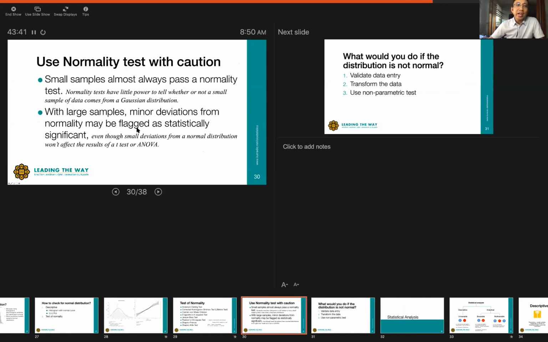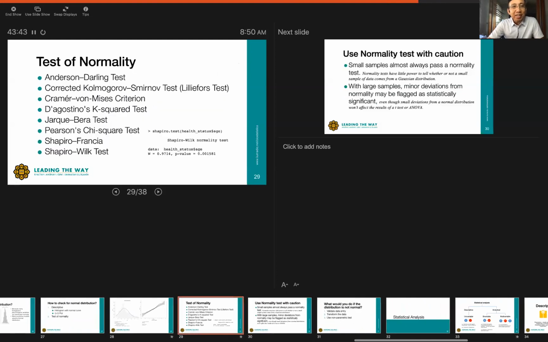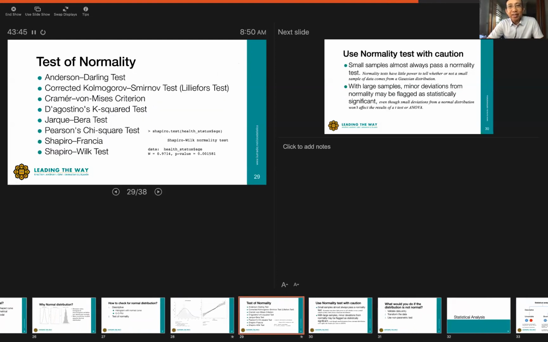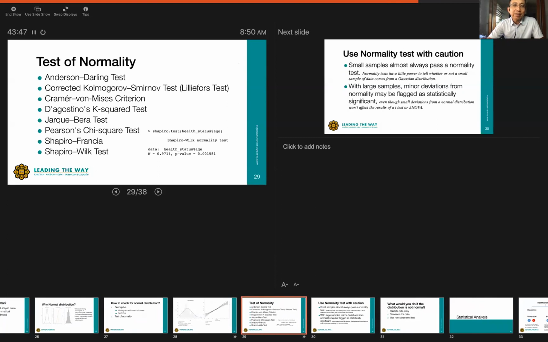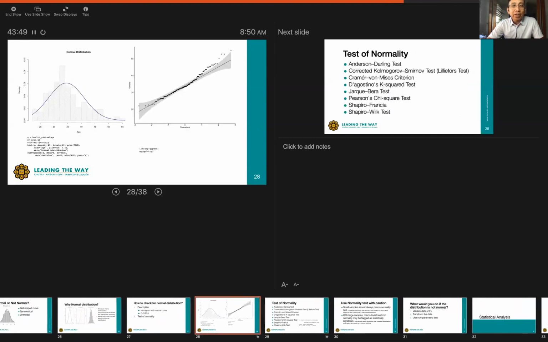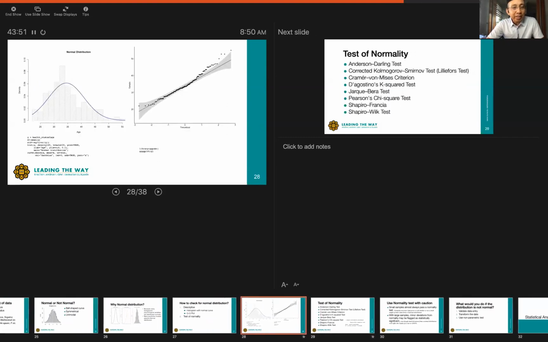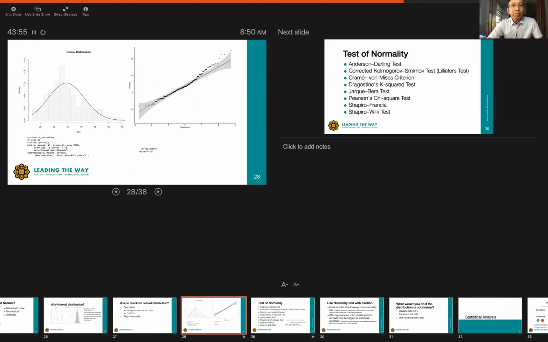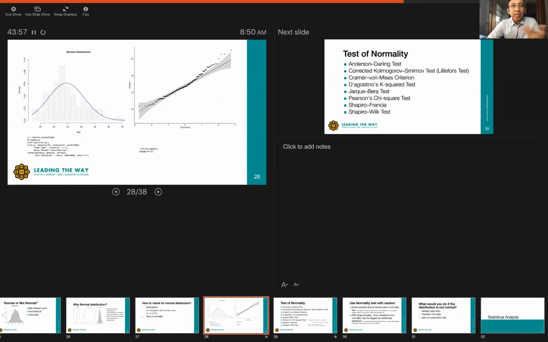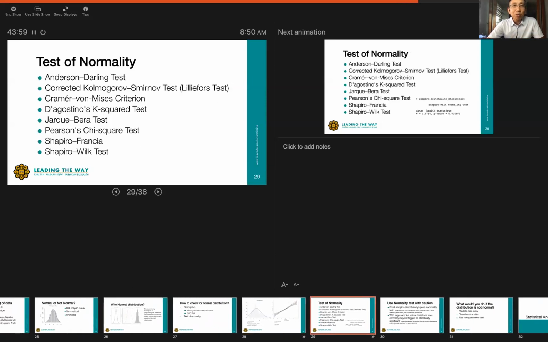So they are very sensitive. Normality tests like this one are very sensitive depending on the sample size. All right, that's why I prefer this one. When I did my training in London, UK, we never used this test. We always used eyeballing. Look at the data and decide whether it's normal or not normal.